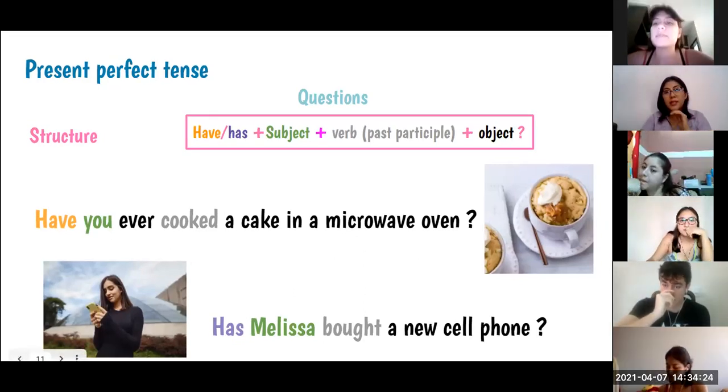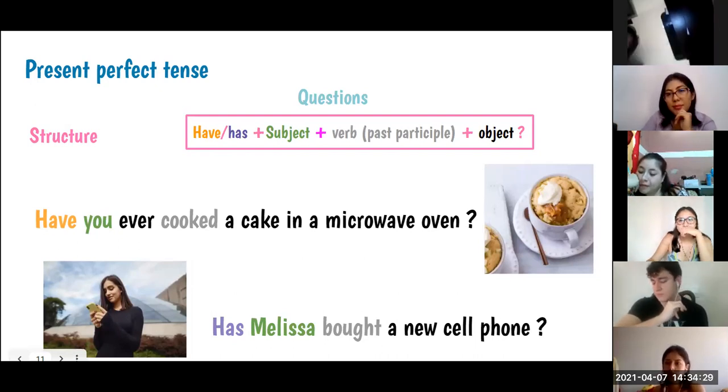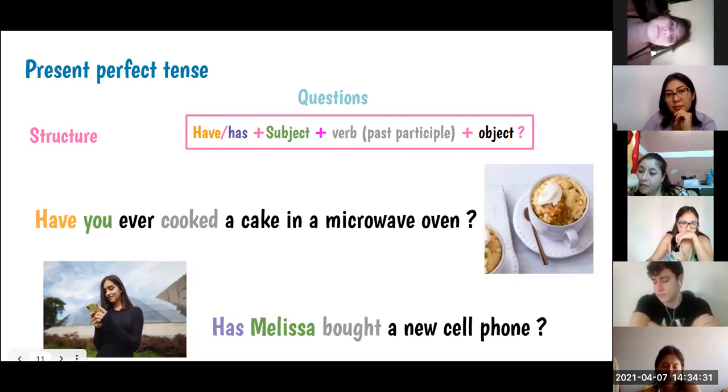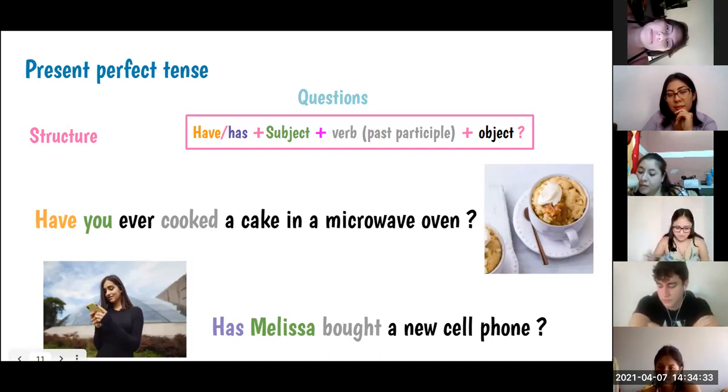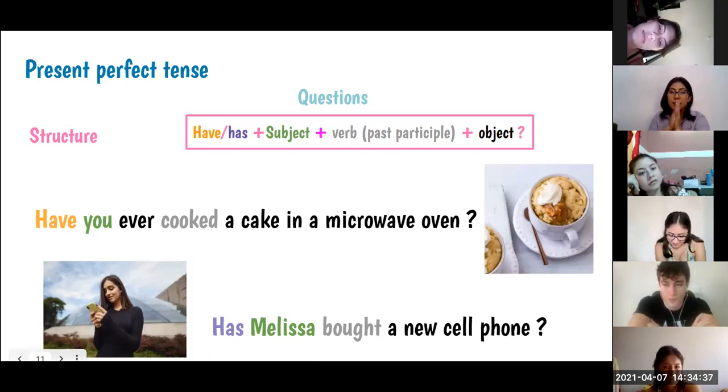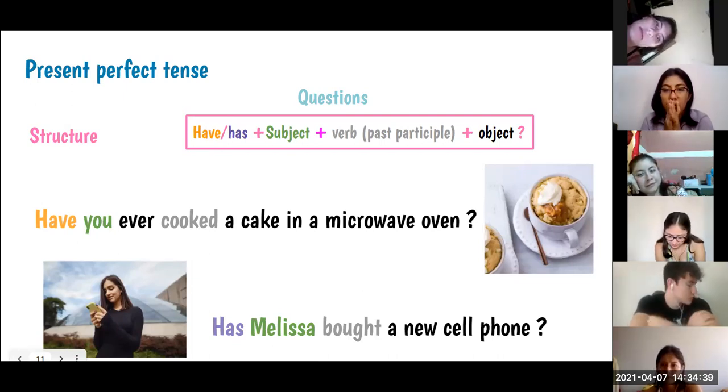Okay? So we are going to start with Anna, please. Varinia, have you ever run a marathon?